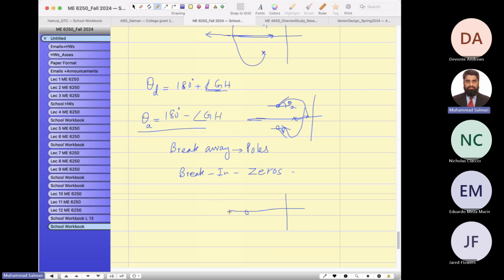But what if the zeros are located on the real axis? Then we call these break-in points for the zeros. Suppose this is a situation with two poles and two zeros: they will leave somewhere here, and one will go to this open loop zero, and the other root locus will go over here.